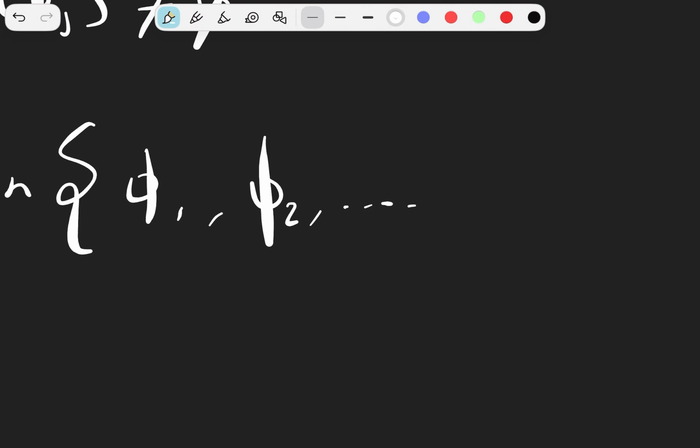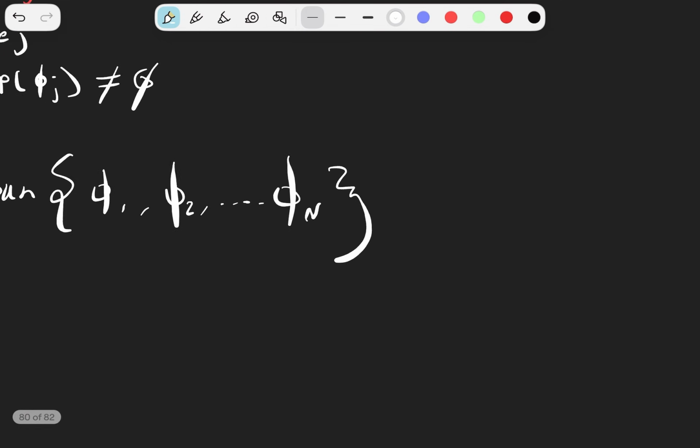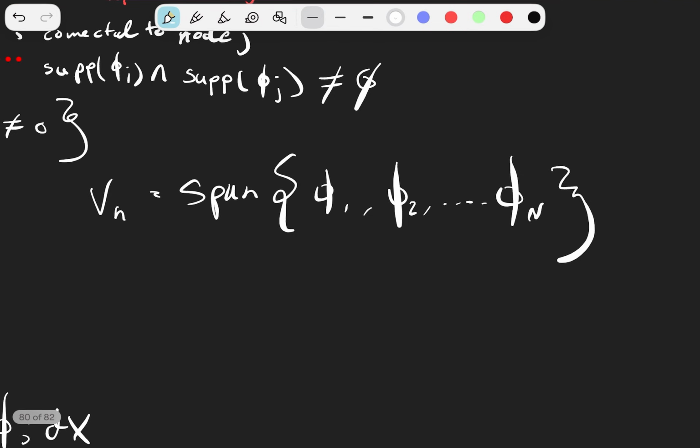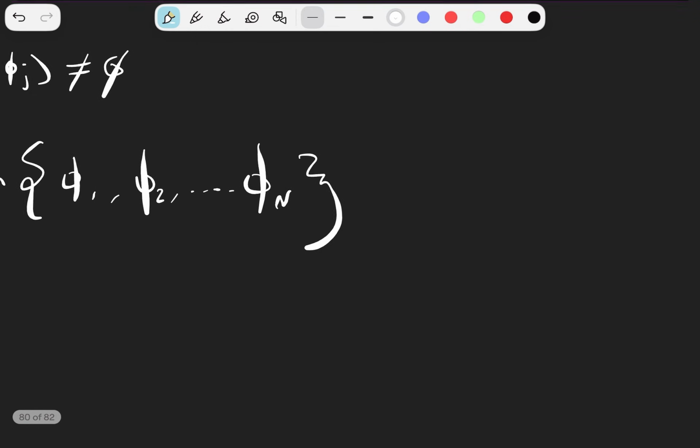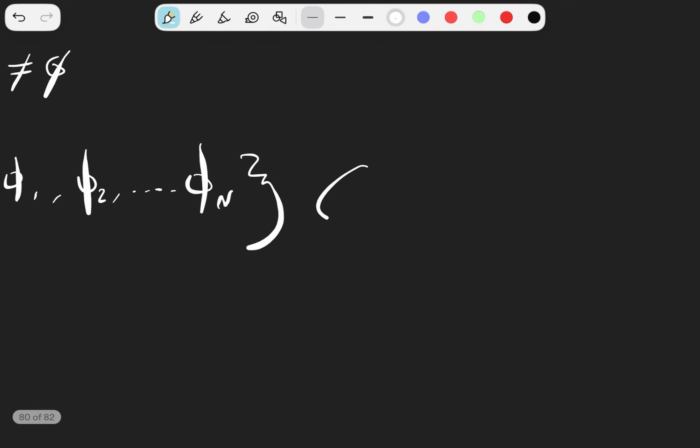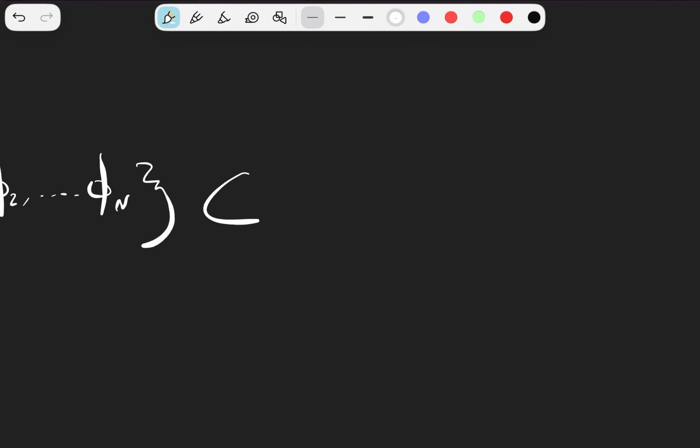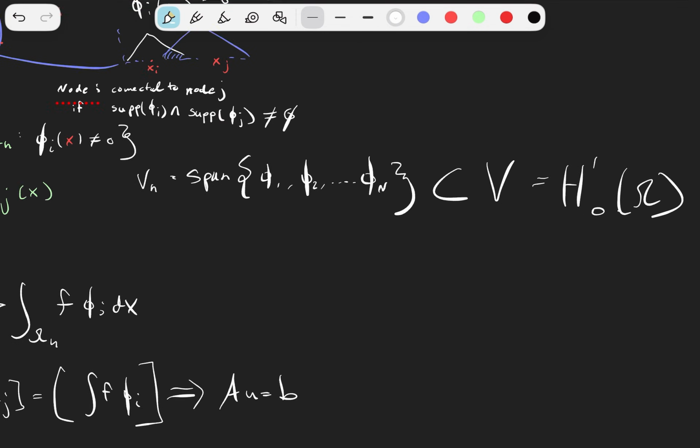So we have a basis for every single node. If we were to find the set of all of these, they would span the finite basis space, which is a finite subspace of the infinite dimensional space that we're originally trying to solve, which is the Sobolev space with Dirichlet conditions. All right? So that's how we would rigorously try to show this.